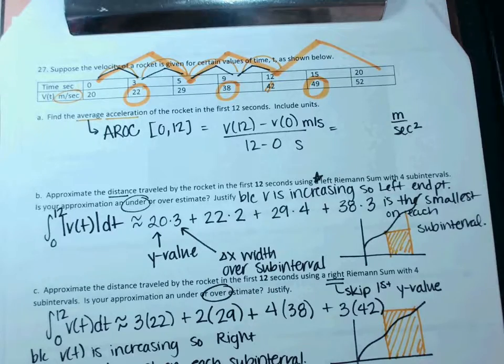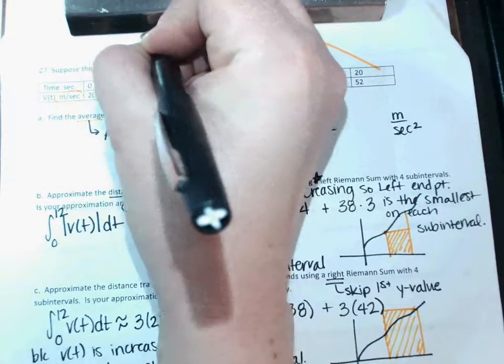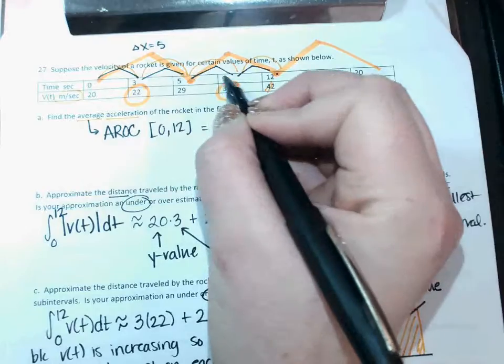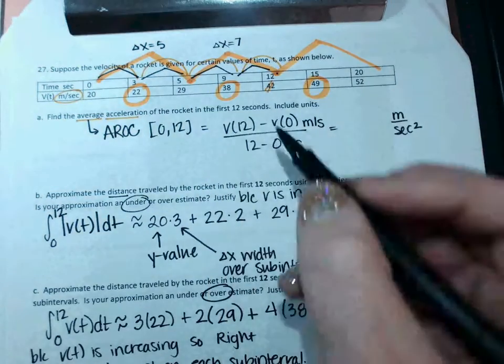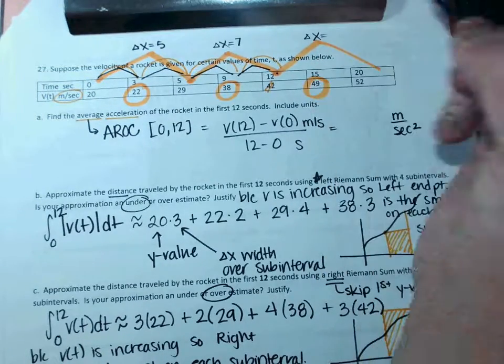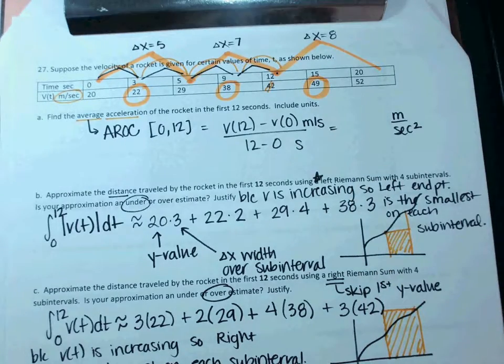Now remember, your delta x is going to go from 0 to 5 here. How wide is that? 5. Then from 5 to 12, how wide is that? Because remember, I'm skipping this one. Delta x is 7. And then from 12 to 20, how far is that? 8. But remember, what am I multiplying?